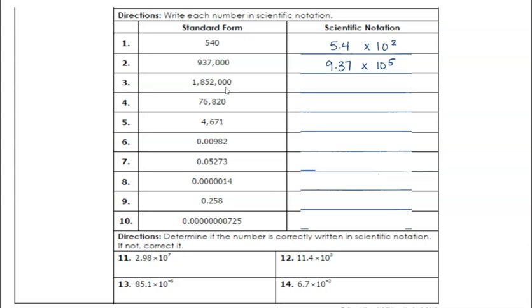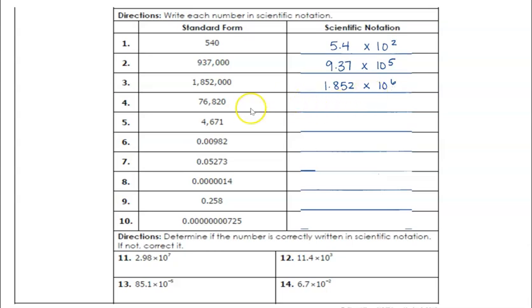And how many times do we have to go over? 1, 2, 3, 4, 5, 6. So 6 is going to be our exponent. Now we keep all of the numbers between 1 and 9. So we have 1.852 times 10 to the 6th power.